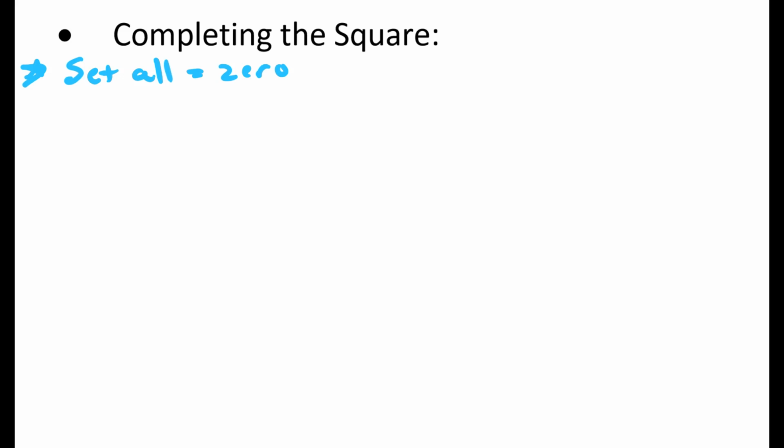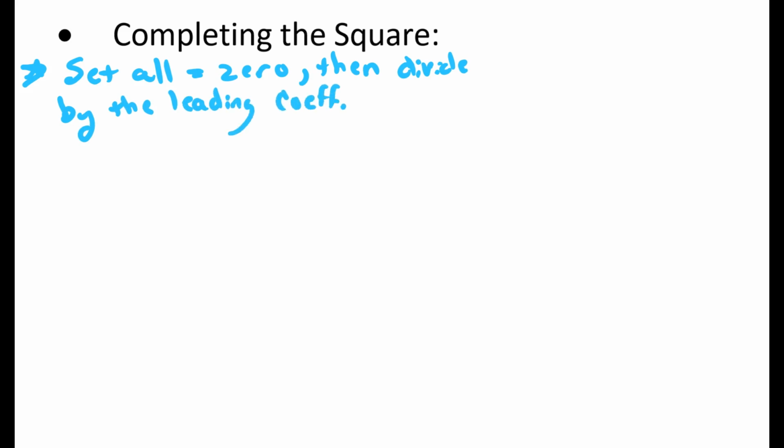So that's the first thing, but then there's one more thing. Then you divide, if you need to, by the leading coefficient. And the leading coefficient is the one that's in front of the x squared. So no one's the one in front of the x squared. All right, so that's step 1.